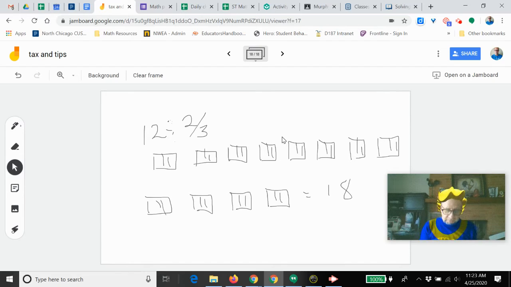So if I have 12, 1, 2, 3, 4, 5, 6, 7, 8, 9, 10, 11, 12, I have my 12, and I'm dividing it into 2/3. So each one is divided into 3 pieces: 1, 2, 3, 1, 2, 3, 1, 2, 3. You see how they're all divided into 3 pieces. And I'm going to take 2 of each.